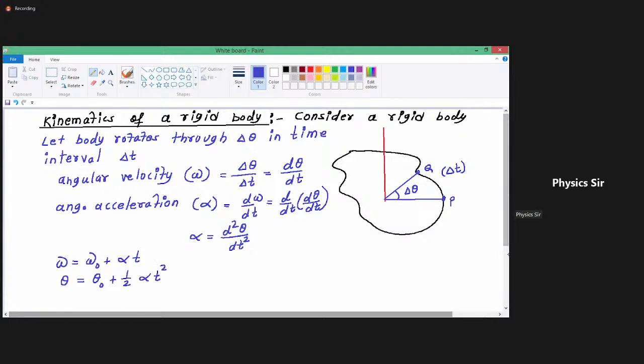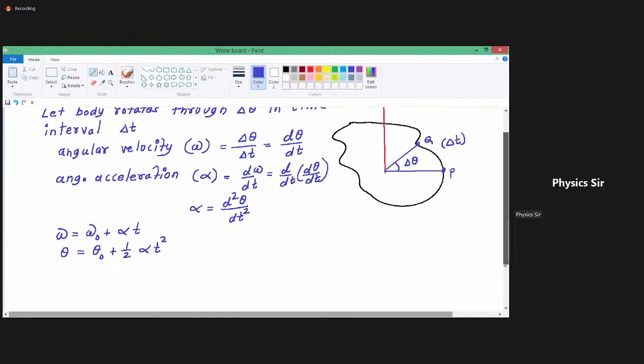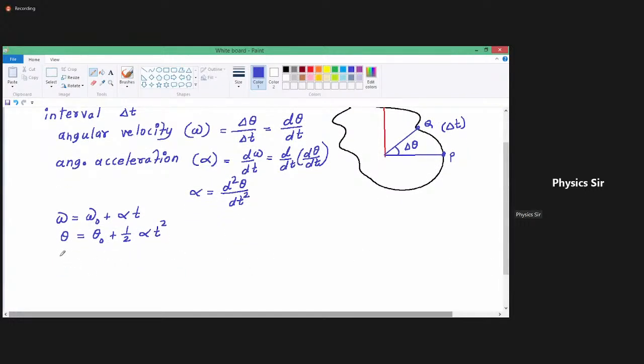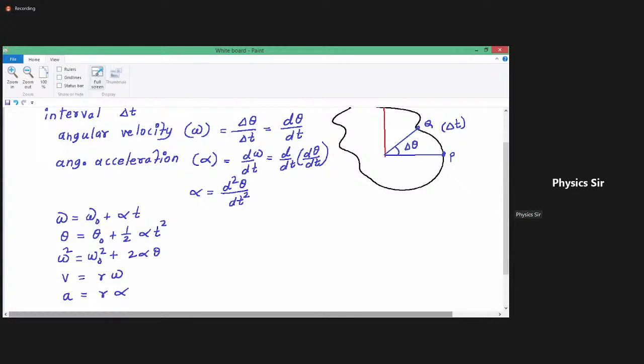The way we write v square equals u square plus 2as, here we write omega square equals omega naught square plus 2 alpha theta. Then there is a relation between linear velocity and angular velocity: v equals r omega and a equals r alpha.